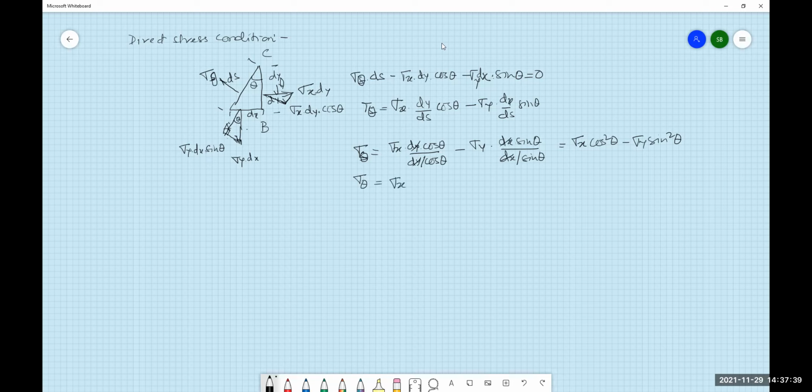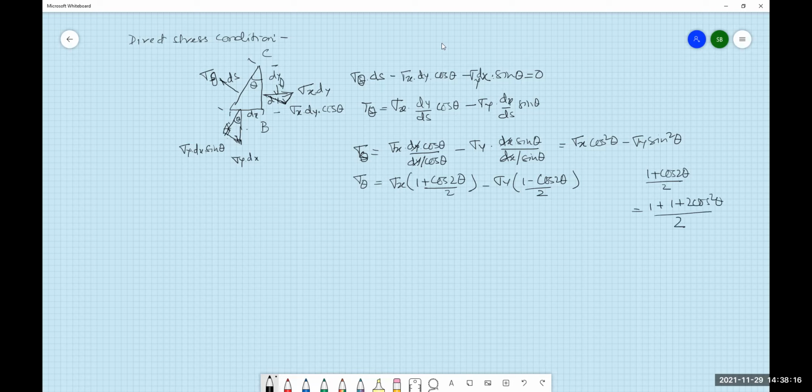Sigma theta will be sigma x into 1 plus cos 2 theta divided by 2, minus sigma y into 1 minus cos 2 theta divided by 2. We know that 1 plus cos 2 theta divided by 2 is equal to 1 plus 2 cos square theta minus 1, divided by 2.